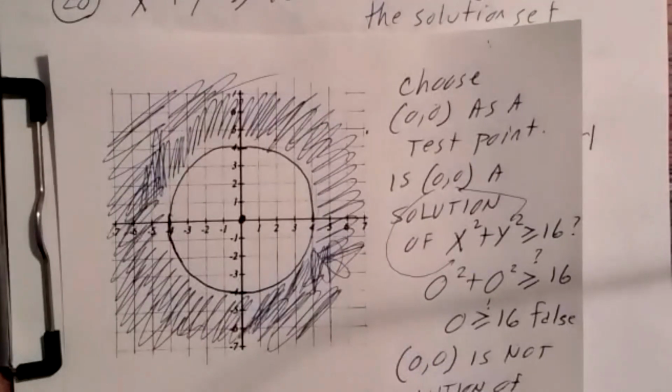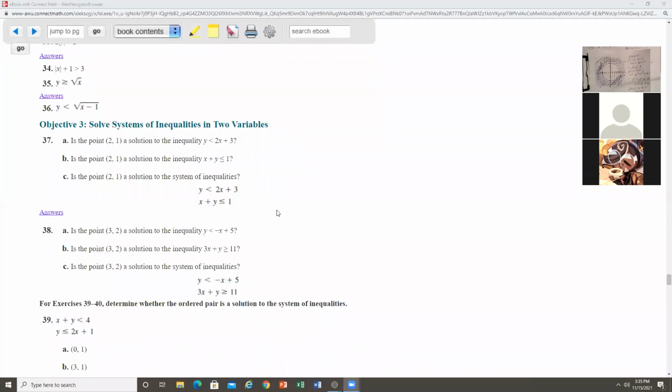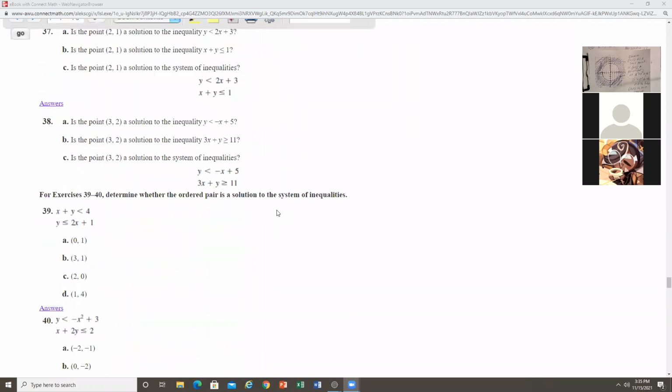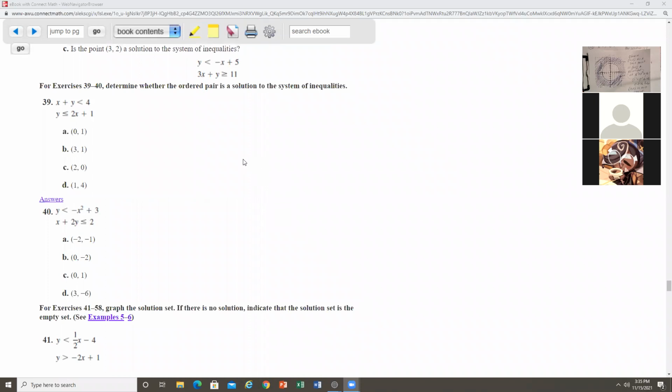All right, so far, ladies and gentlemen, we've only had one inequality to graph a solution set for. What if we had a system of inequalities in two variables, x and y? Like number 39, which illustrates what's called a system of two linear inequalities in two variables, x and y.